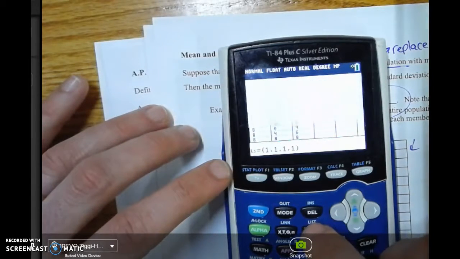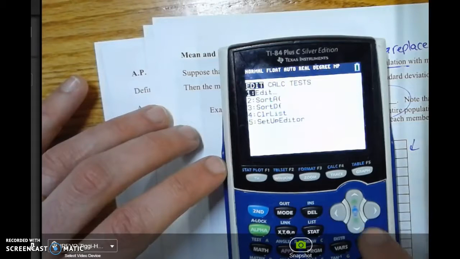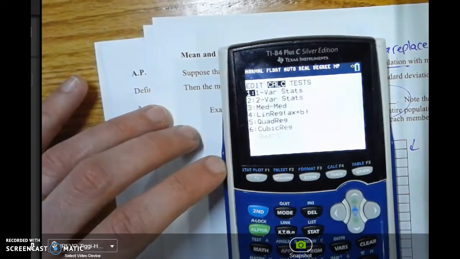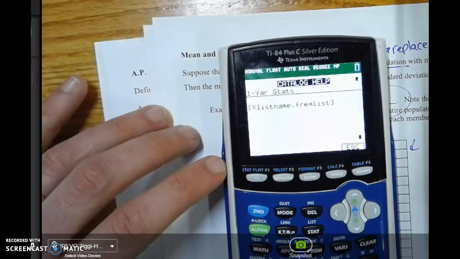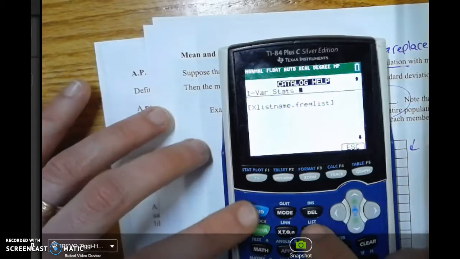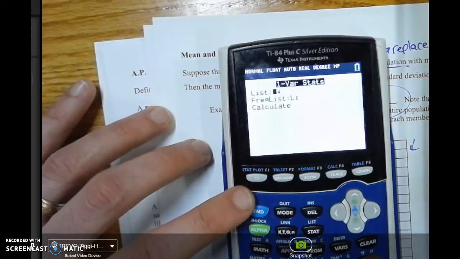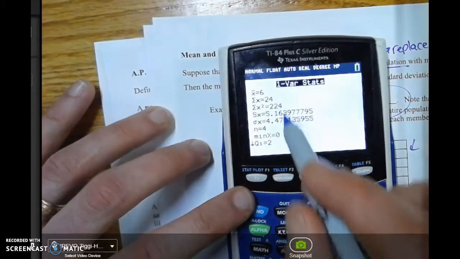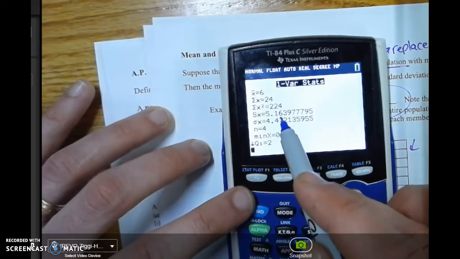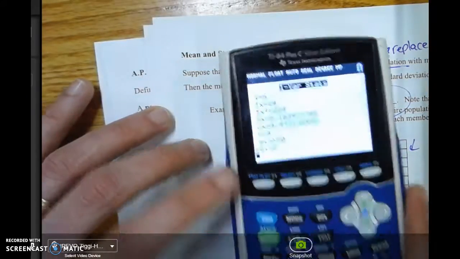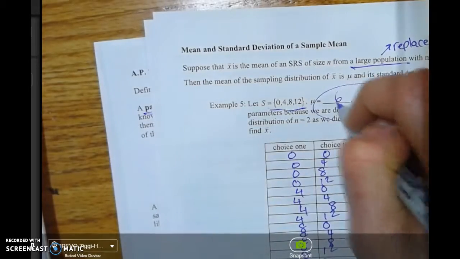I did stat, calc, 1-Var Stats. Make sure you enter the right lists, your data and your frequencies, and you'll see that x bar is equal to 6 and our standard deviation is 4.47, so that's where this comes from.